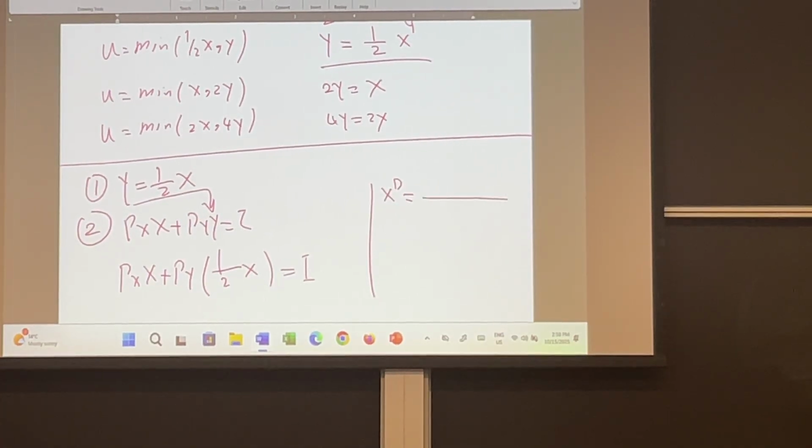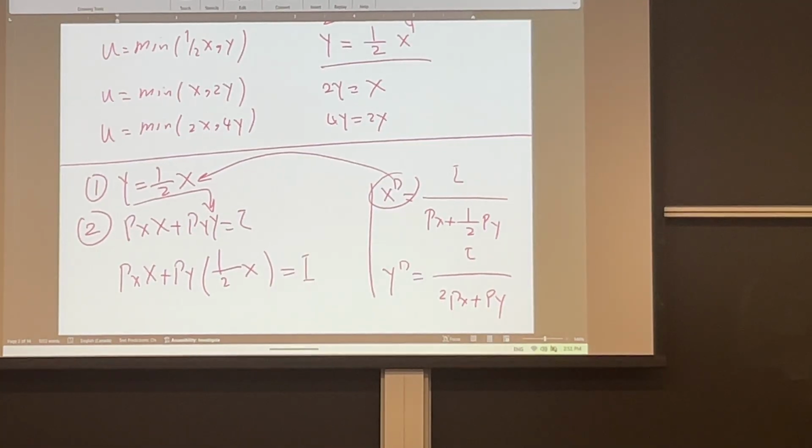It should be I over px plus half of py. And then I can take this one, plug it there, and get demand for y. That should be I over 2px plus py. I found demand for x, demand for y by using the perfect complement relation as well as the budget line and solving. Alright? Make sense? Okay.